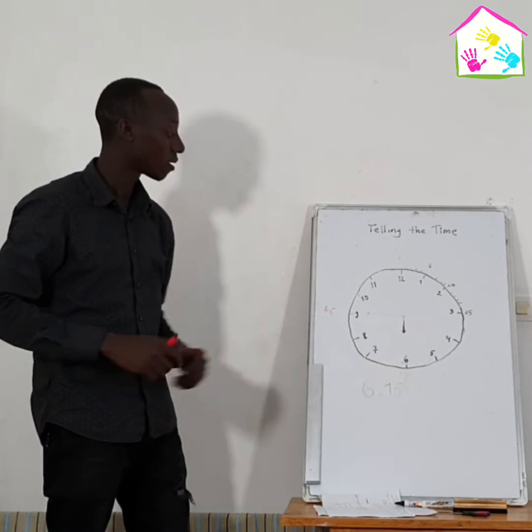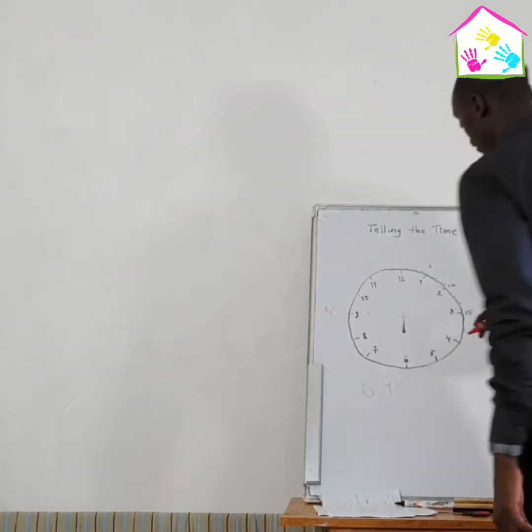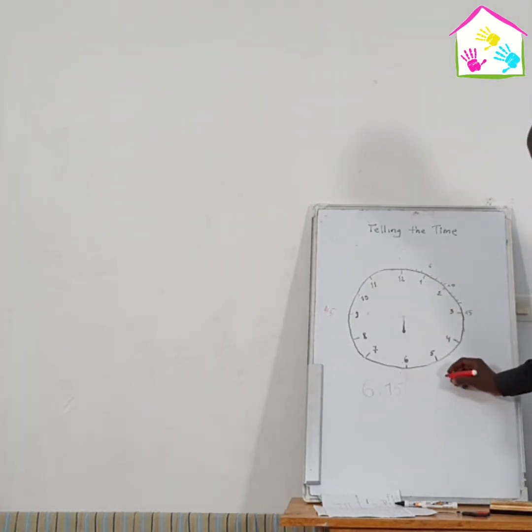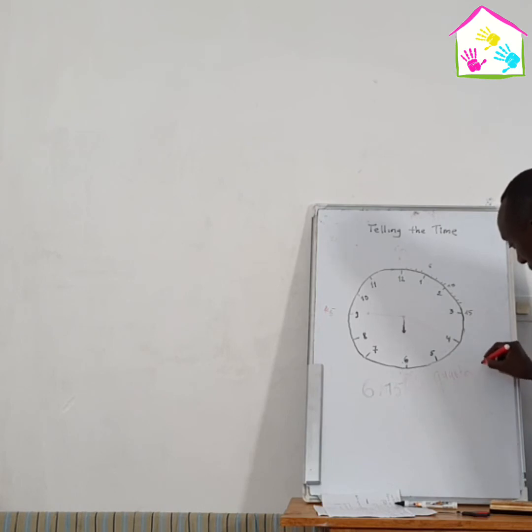So what do we say the time now? How do we say the time? I'm sorry. Saying the time, we will say it is a quarter to 7.